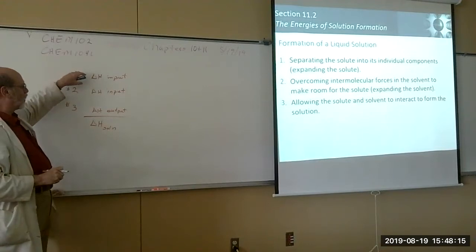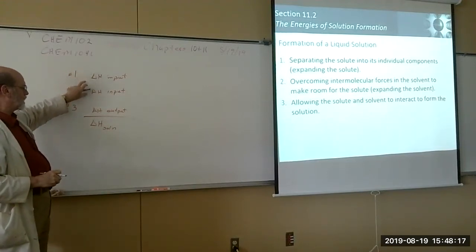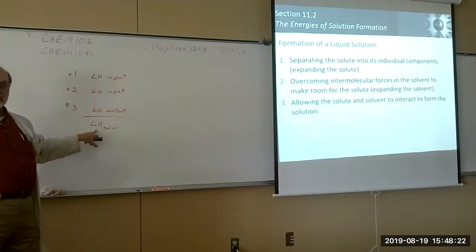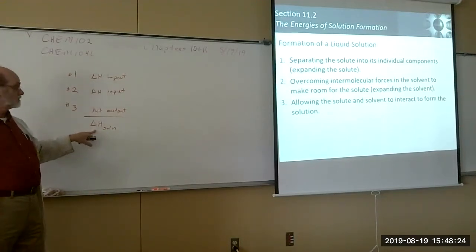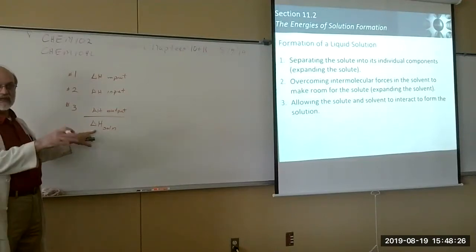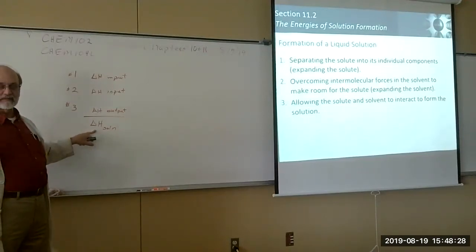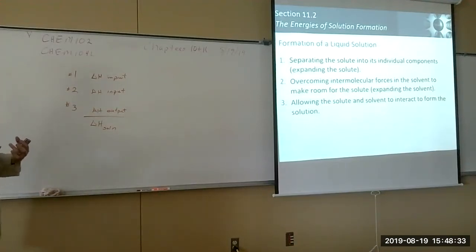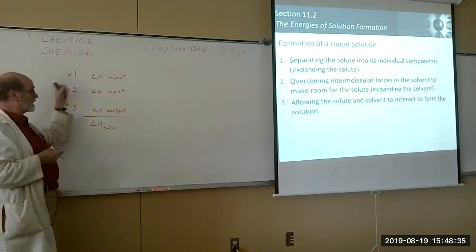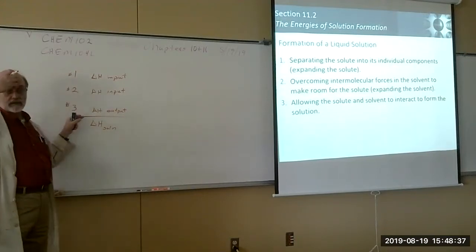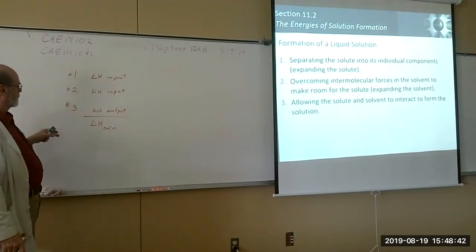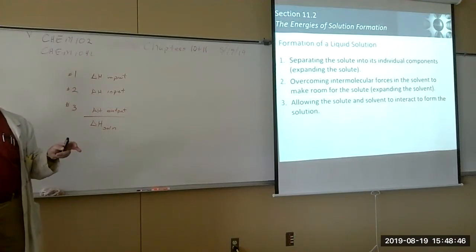So if you put in a whole lot of energy here and here, and you only get a little bit back, this is going to be positive. Right? It takes a lot more energy going in than you get back. So what does that mean in terms of temperature? Well, if you put more energy in here and here, and you only get a little bit back, then the solution should get colder, right?